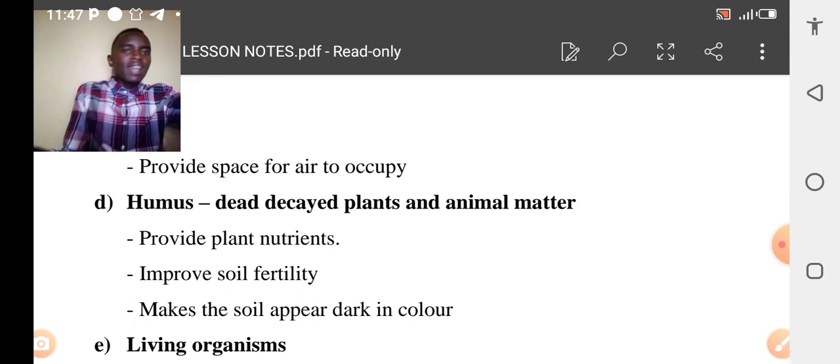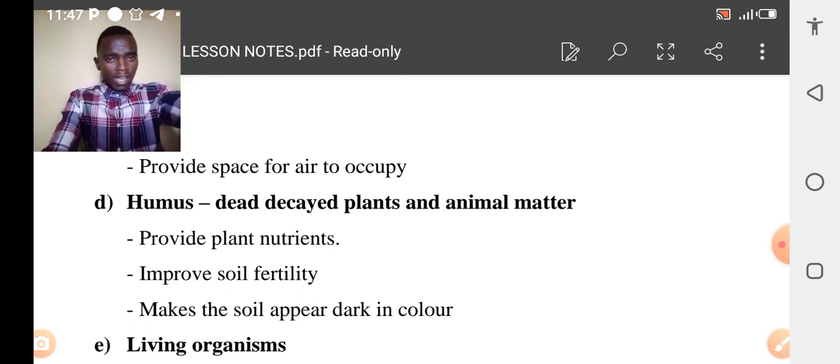Humus is the one which gives the color of the soil. When your soil has a lot of humus, it becomes dark or black. And as you know, dark soil brings a higher harvest.